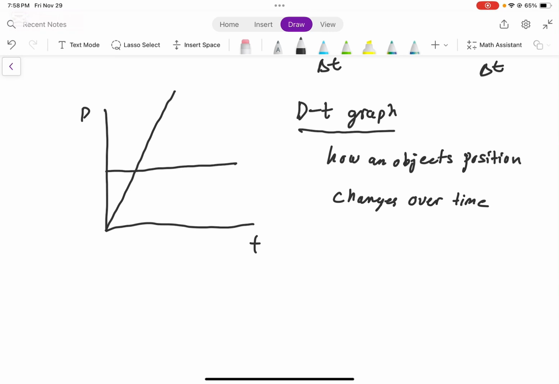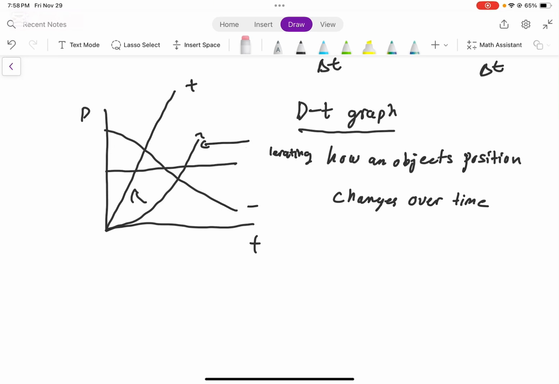If we have an upward slope, like this one right here, that typically means that the object is moving in a positive direction. If we have a downward slope like this, it means the object is moving in a negative direction. If you had a curved slope like this, this means that the object is accelerating.